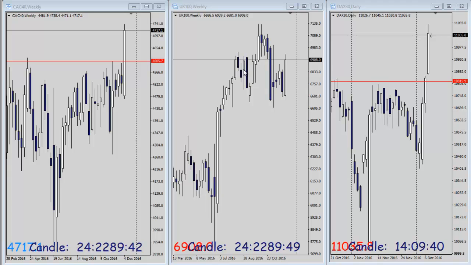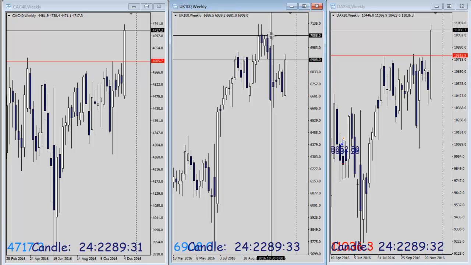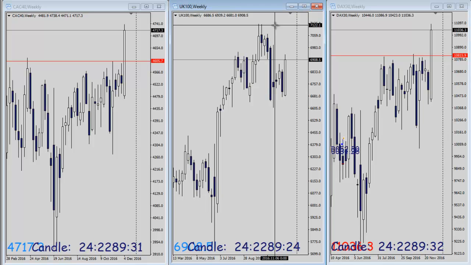However, as you can see on the FTSE weekly chart, there is still some resistance ahead at around 7,060 points, respectively 7,122 points. So it's not as clear as the CAC and the DAX. But this shouldn't concern us today.